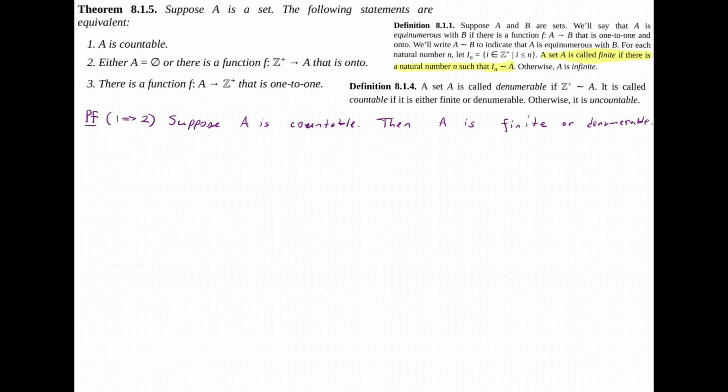Now, we're going to proceed by cases. And so the first case, let's call this case 1. We're going to suppose that A is finite.